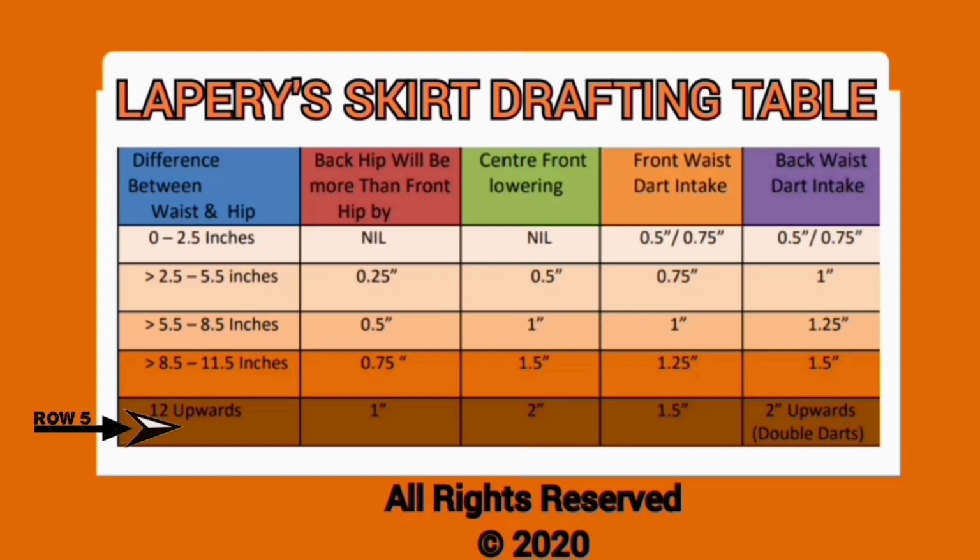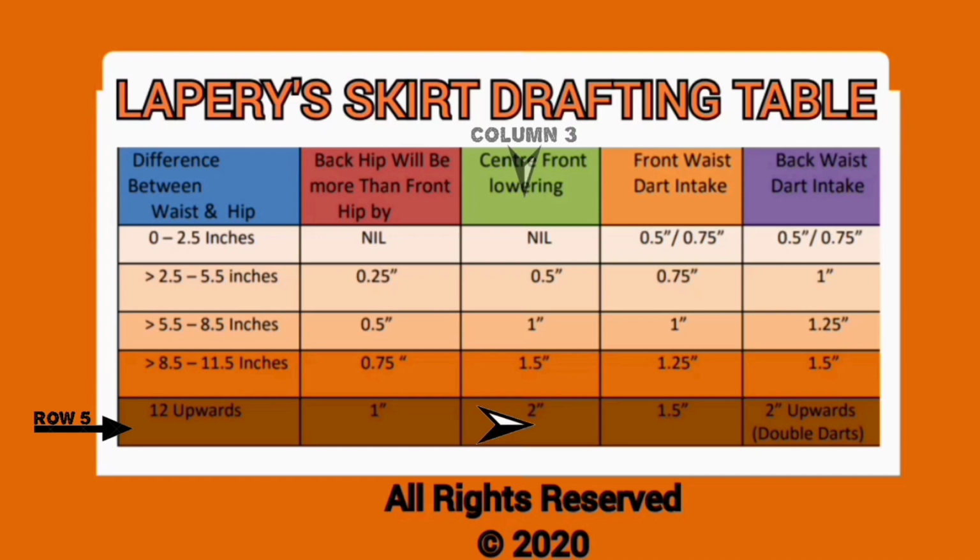So if that's the case, back hip will be more than the front hip by 1 inch, which by the time we spread it open becomes 2 inches. Then the center front lowering will be times 2 of the second column, and that gives us 2 inches. So we are still doing length 24.